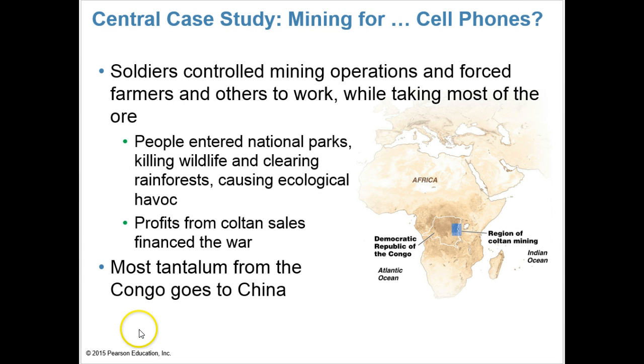So what is being done about it? Steps are being taken to support legitimate Congolese mines while preventing the exploitation that has been happening in the recent past. There have been efforts to make a certification system for manufacturers of electronics to also report the origin of the tantalum in their products.